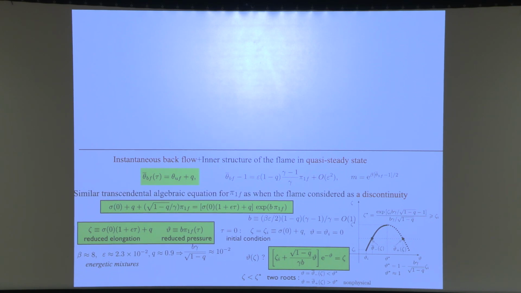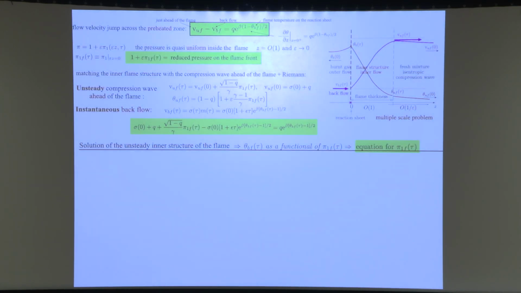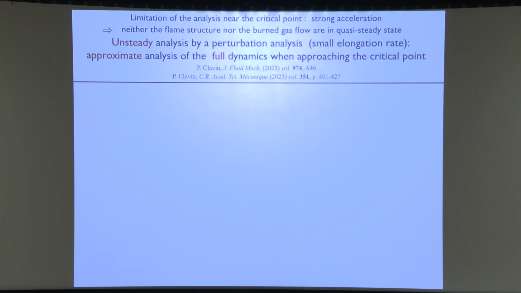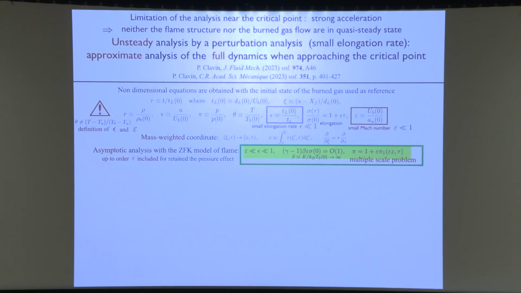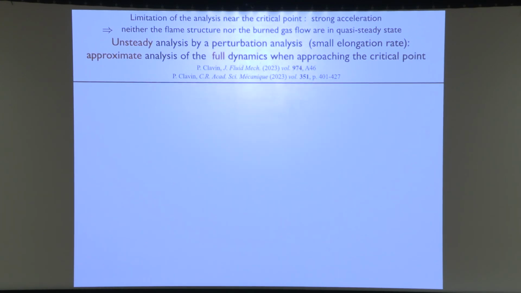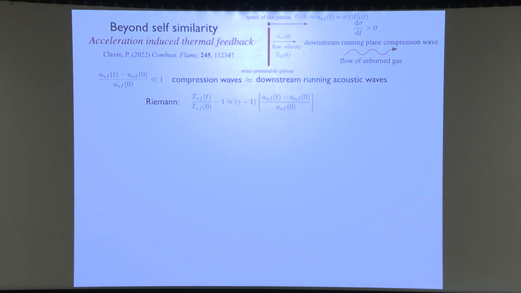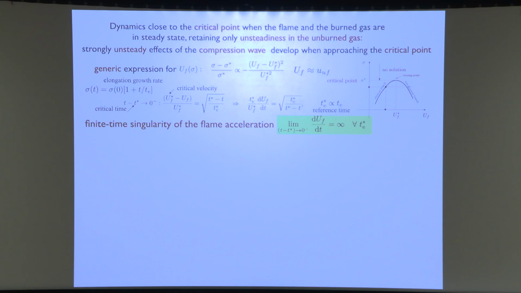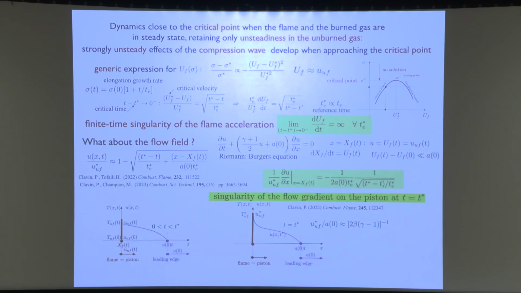So I was looking now, maybe I should explain that in more detail. No. Where are we? Okay, beyond self-similarity, all right. Finite time divergence of the acceleration, all right.